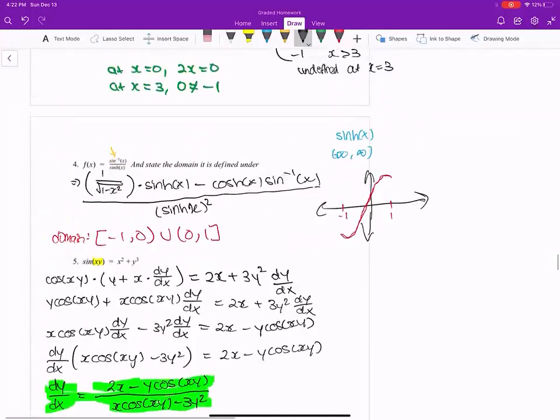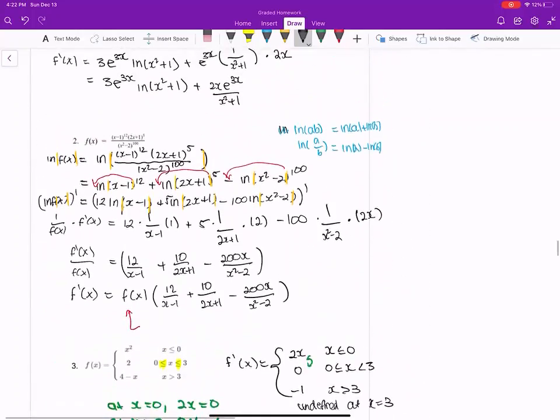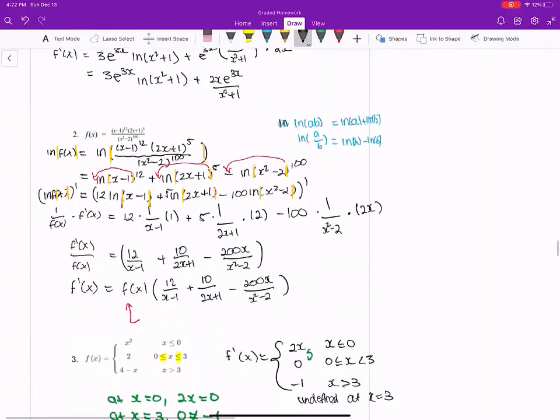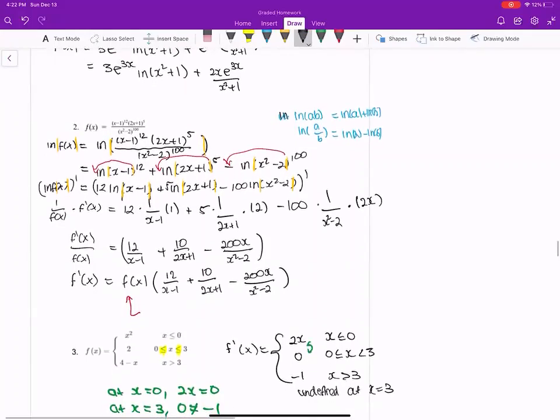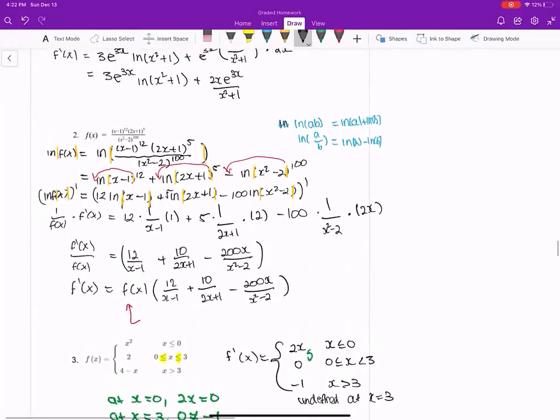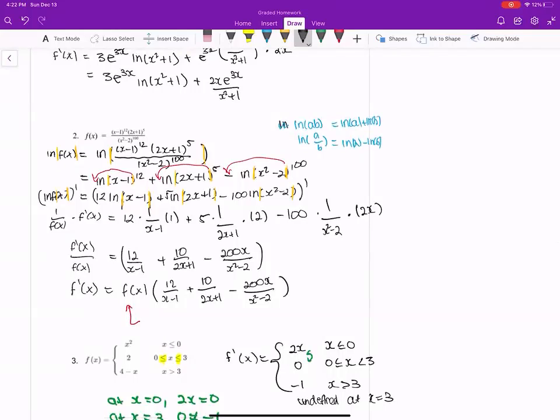Oh, question 2. What about question 2? I think you're referring to this question. Oh, you just wanted to see it. Okay. No problem. Okay, so while he's copying that down, we will be starting optimization.